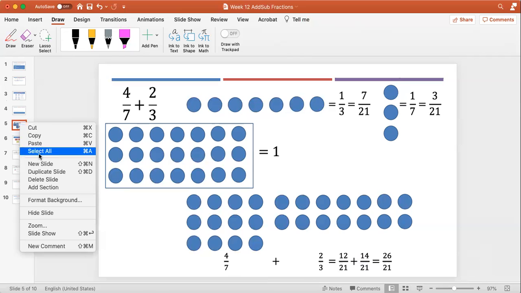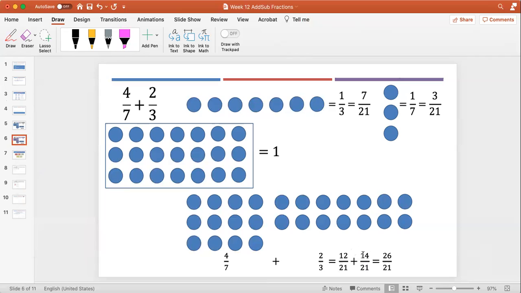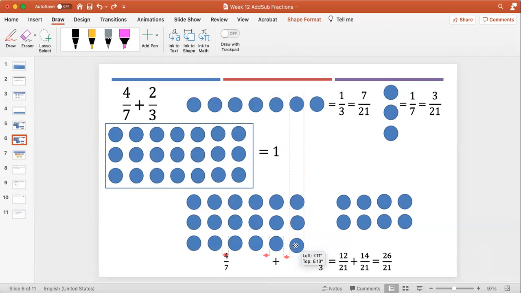If we did this, and I'm going to duplicate this slide, so now we see this, but what if, here's my 4/7. What if I take my 2/3 and rearrange it so that we can find this whole? So 1/7, 2/7, 3/7, 4/7, 5/7, I'm making them all those columns, 6/7, oopsie, 7/7 now.